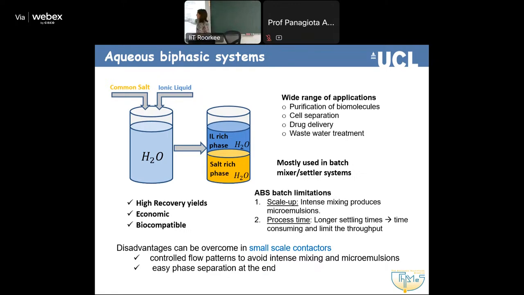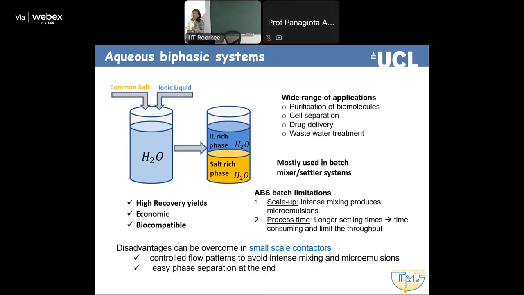Another system is these aqueous biphasic systems. And in case you have not come across them, the system is what the name says. Traditionally, or the more common ones, are systems made with water, and people put some polymer and some salt inside. And after a certain concentration, the one phase separates into two.